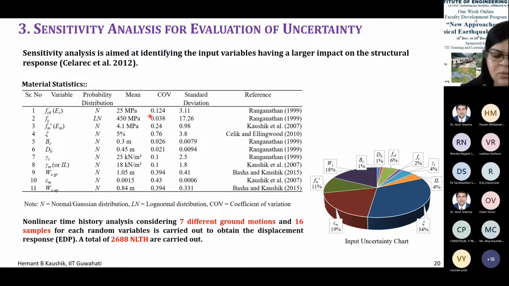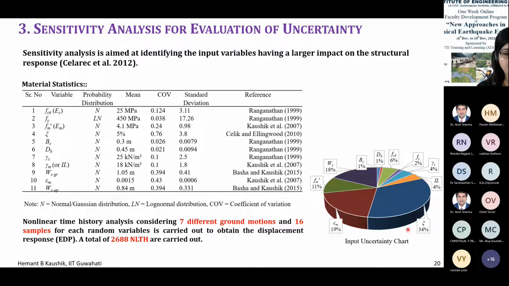Okay, by considering this as mean value, this as the coefficient of variation, and these are the standard deviation. Right, so their values range from maybe 17 MPa to around 30 MPa, 32 MPa. So between them, we use 16 samples for FCK, similarly 16 samples for FY, and so on and so forth for all 7 ground motions. So around 2,600 nonlinear time history analyses were carried out, and I'm showing you those results here.